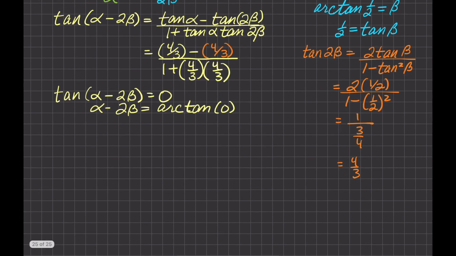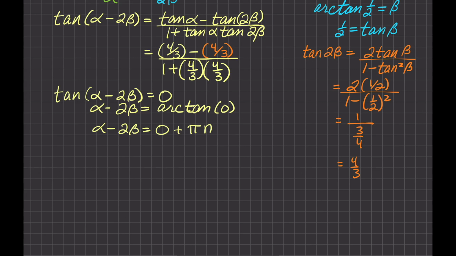So alpha minus 2 beta is equal to 0. And I'm only looking at the 0, not a 0 plus pi n, where n is an element of the integers, because I'm doing this problem with the assumption that inverse tangent is acting as a function and not a relation. So do what is appropriate in your class and what your teacher is asking for.